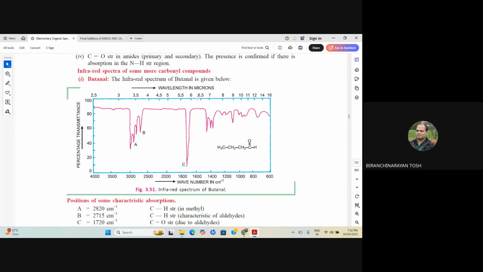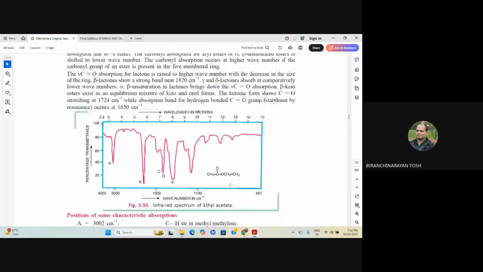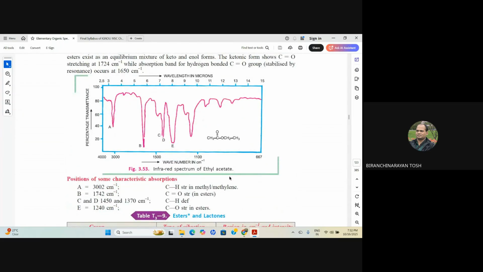You can see the spectra of butyraldehyde. Then moving to esters and lactones. Esters have the C double bond O stretching and the C single bond O stretching also. So in ester you get another peak around 1240, that is C single bond O stretching, and C double bond O stretching at 1735, or in this case 1742.